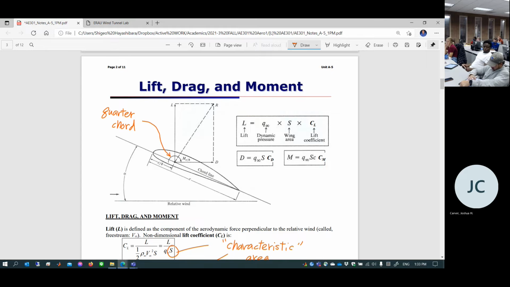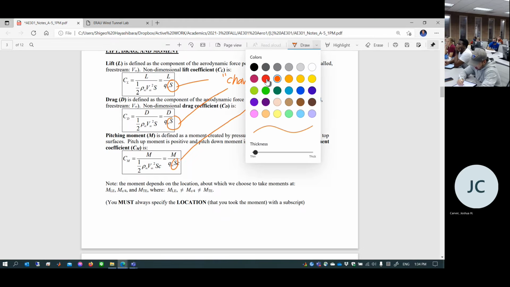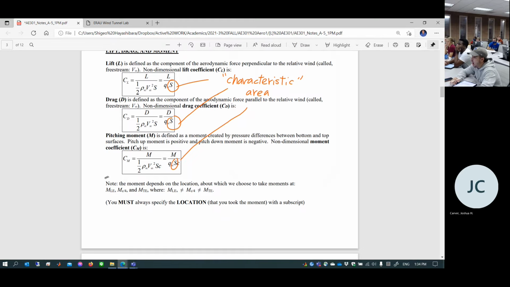If you choose this position, this position, that position, it's going to be all different, even though you're talking about the same angle of attack. So moment depends on the location. When you say moment, it should come with a location specifier. This is important. Don't forget.